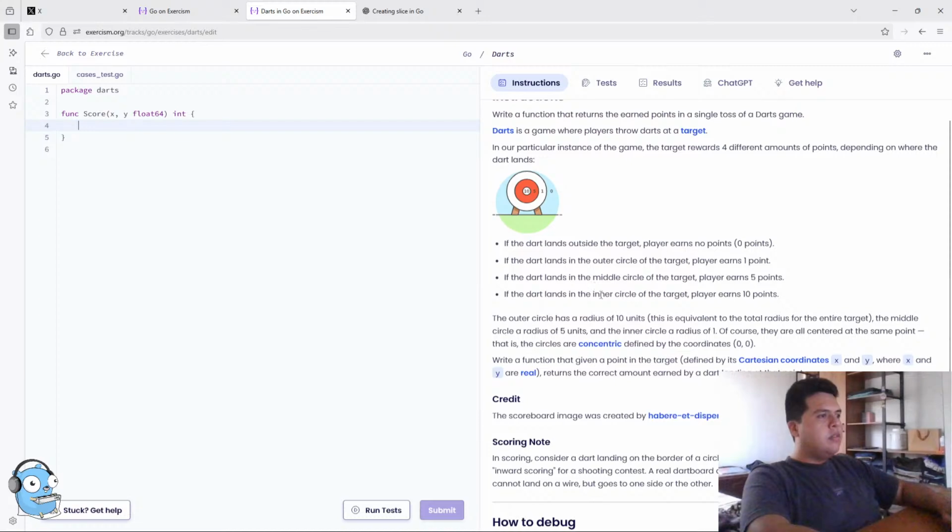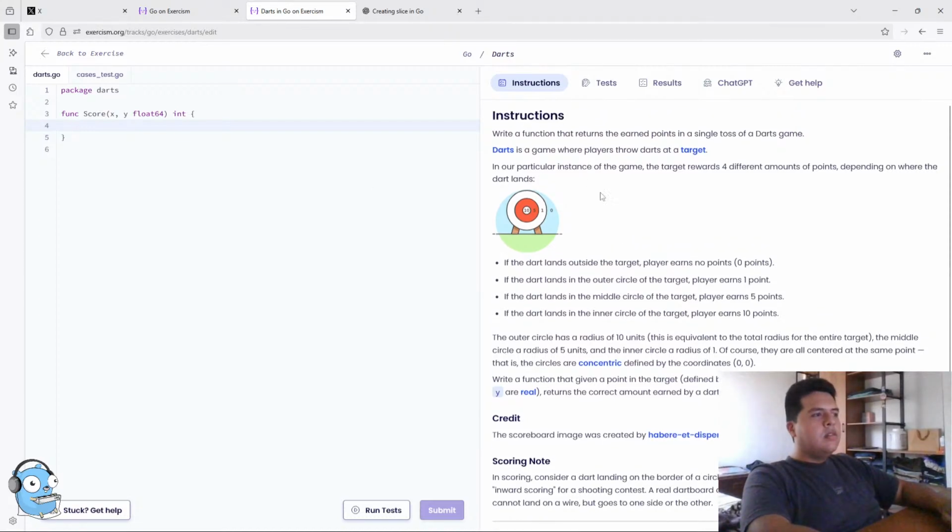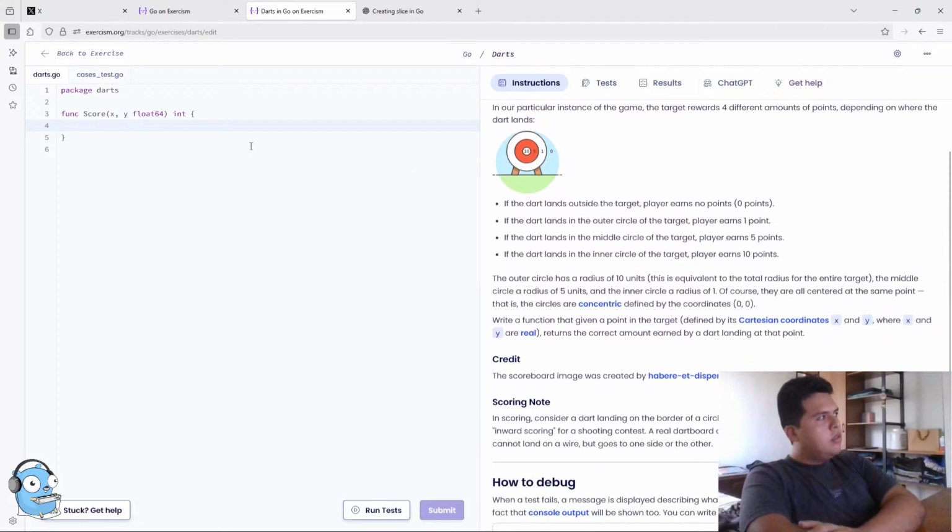Score, x and y, in a radius of 10 units. It is equivalent to the total. The middle circle has a radius of 5 units and the inner circle a radius of 1.